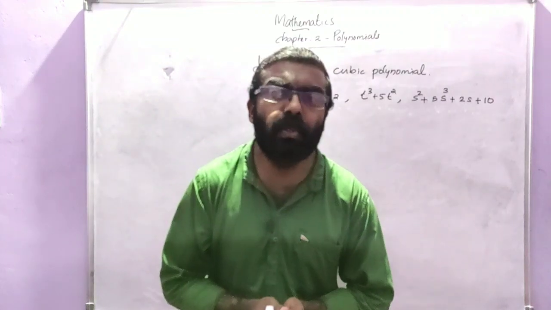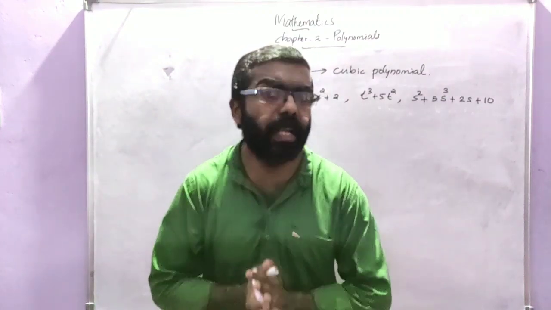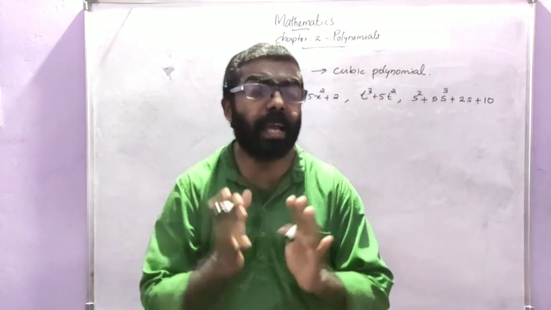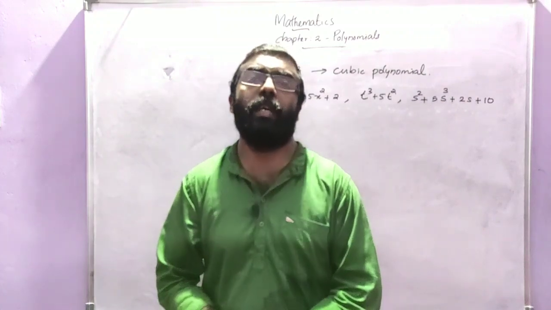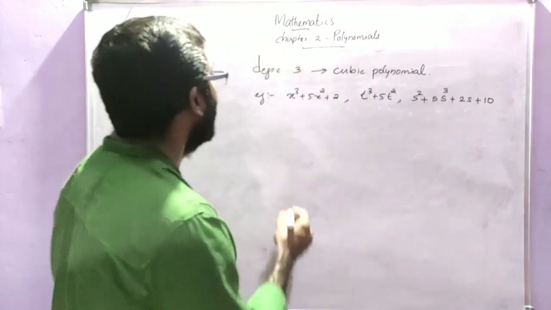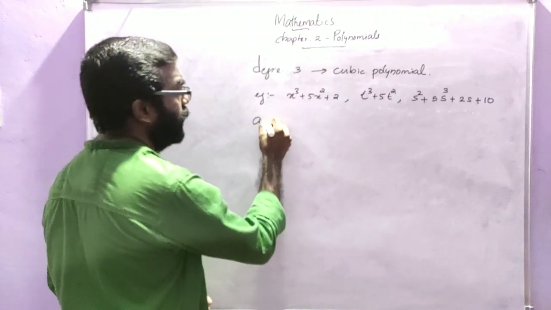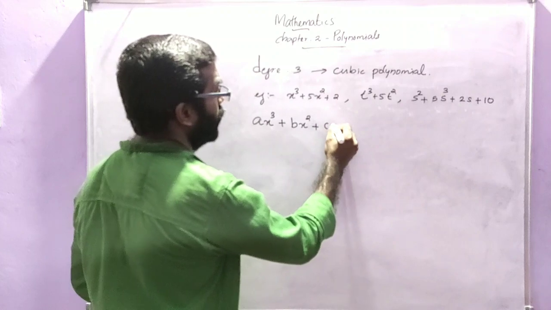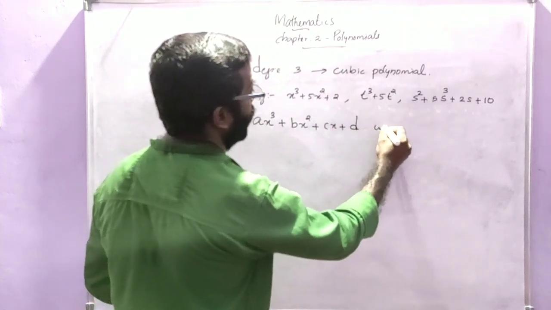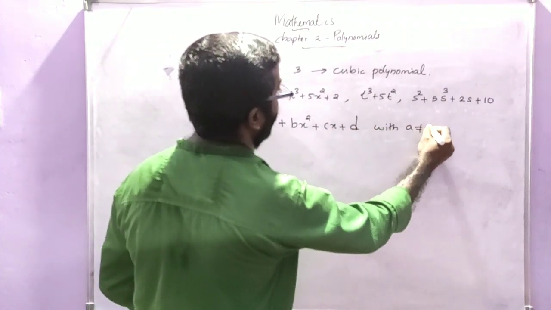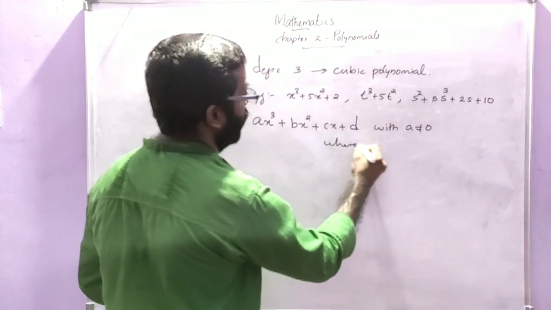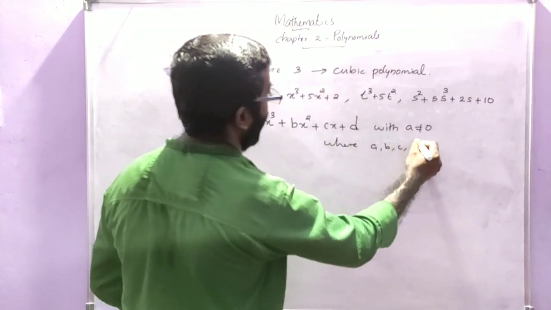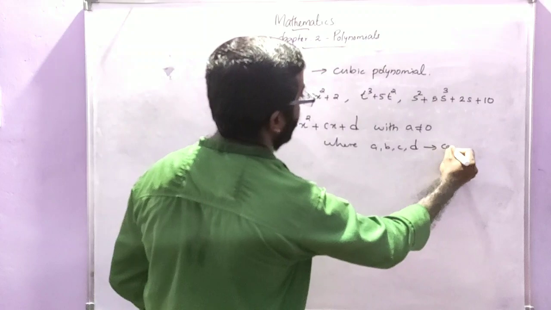Now how many terms do you think a cubic polynomial in one variable can have? It can have at most 4 terms. Now the general form of a cubic polynomial is ax cube plus bx square plus cx plus d with a not equal to 0 where a, b, c and d are constants.